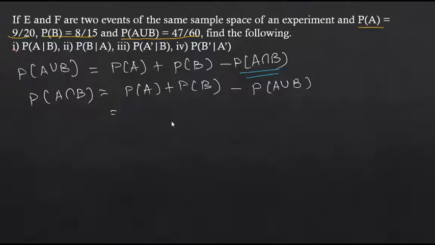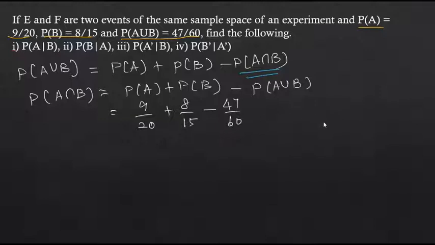What is the probability of A? It is given as 9 by 20. The probability of B is given as 8 by 15. Then subtract the probability of A union B, which is 47 by 60.